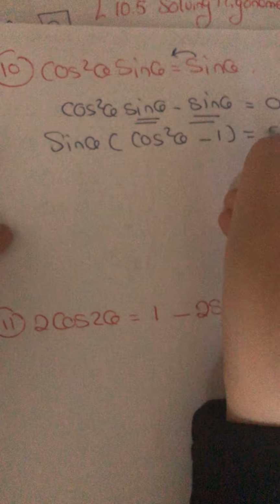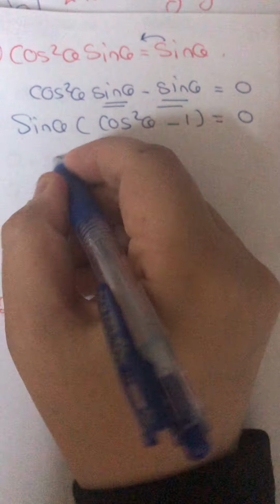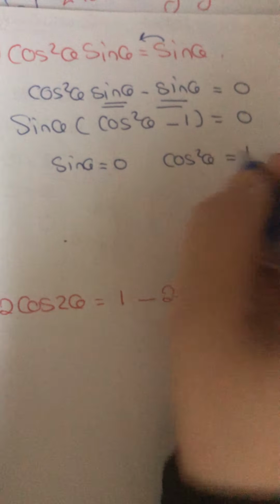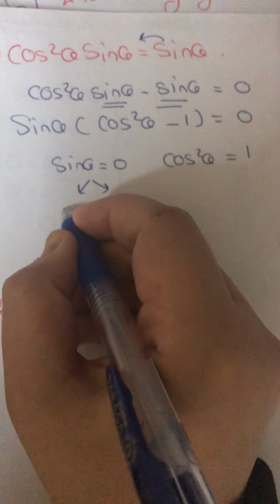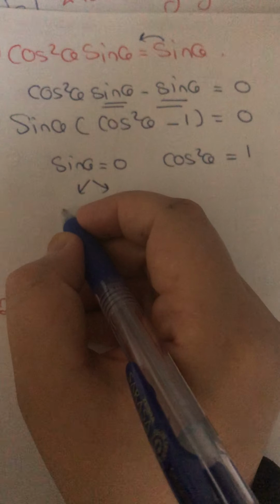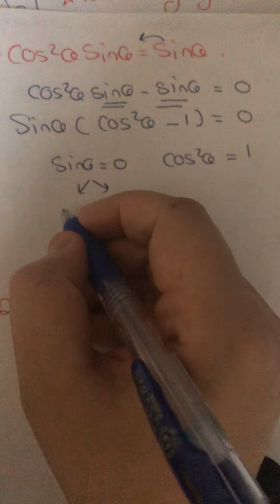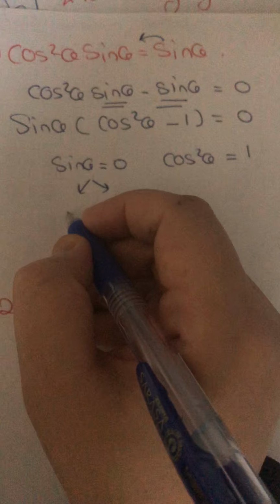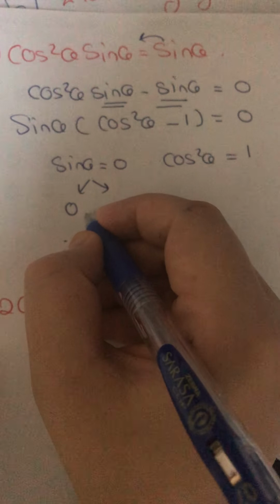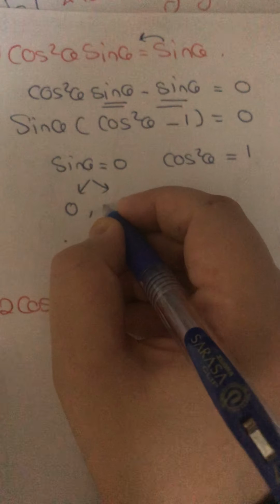If you take sine theta as a common factor, you will have cosine squared theta minus 1 equals 0. Either sine theta equals 0 or cosine squared theta equals 1. Sine theta is equal to 0 at 0 and at pi.